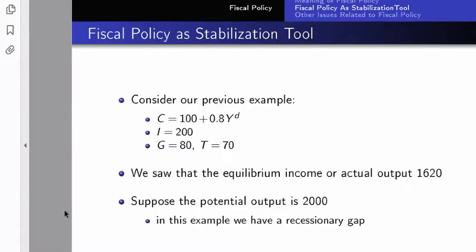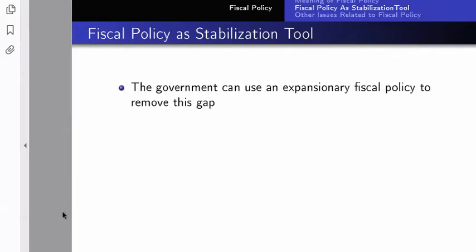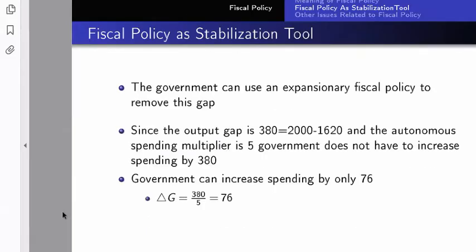And most economists in the world are experiencing this around this time. So now the government must do something. The government can use an expansionary fiscal policy to remove this gap.